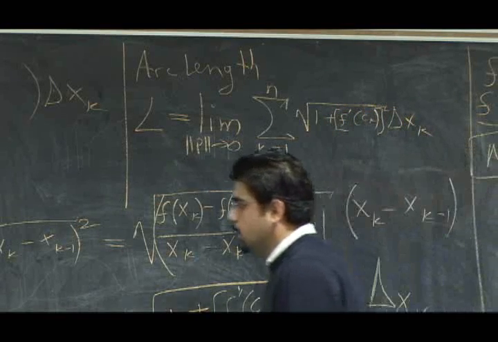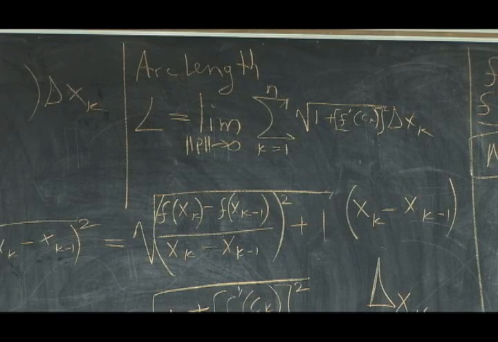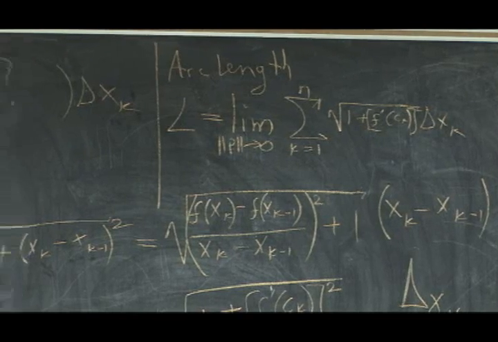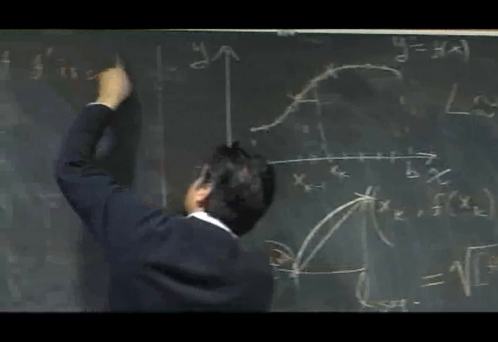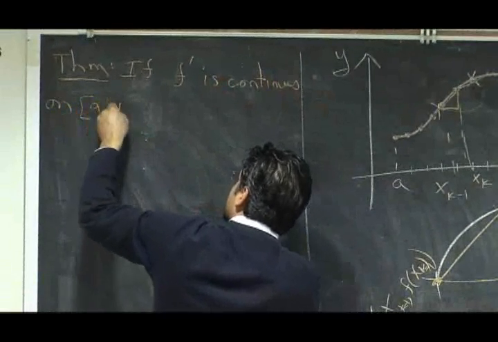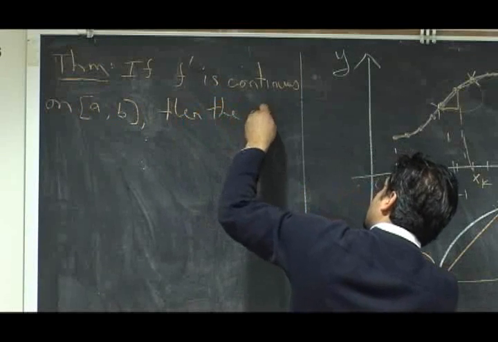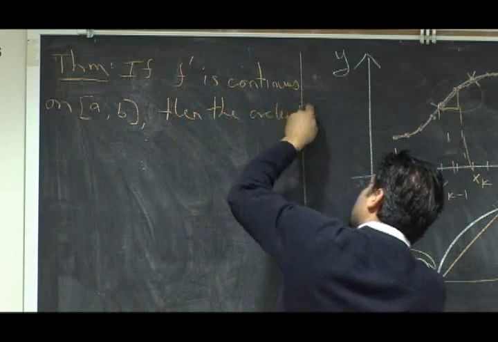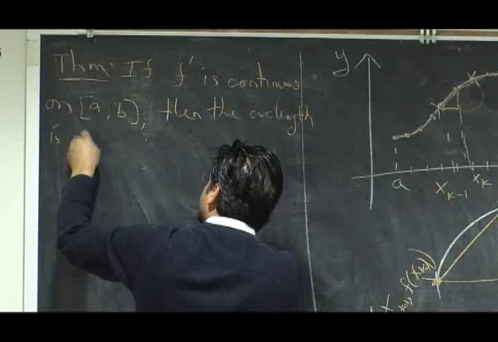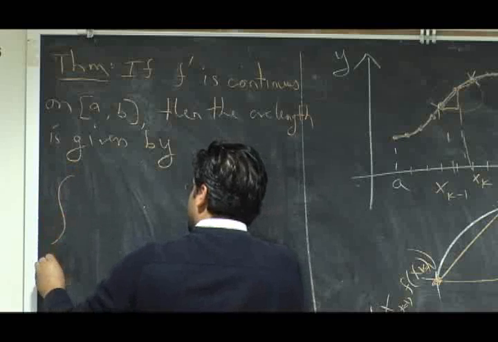Okay. So, thus, we have a theorem. If f prime is continuous on a b, then the arc length is given by the integral from a to b.